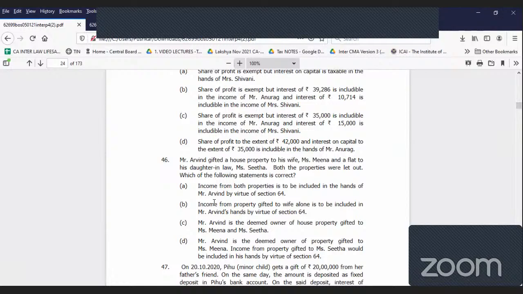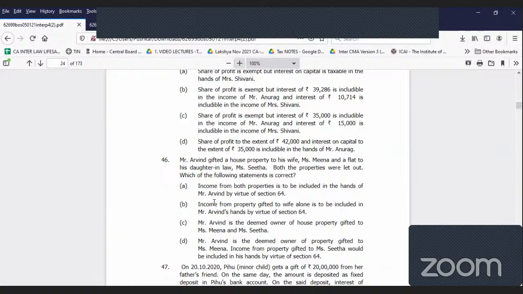A. Income from both properties is to be included in the hands of Mr. Arvind by virtue of Section 64. B. Income from property gifted to wife alone is to be included in Mr. Arvind's hands by virtue of Section 64. C. Mr. Arvind is deemed owner of house property gifted to Meena and Sita. And D. Mr. Arvind is deemed owner of property gifted to Miss Meena. Income from property gifted to Miss Sita would be included in his hands by virtue of Section 64.